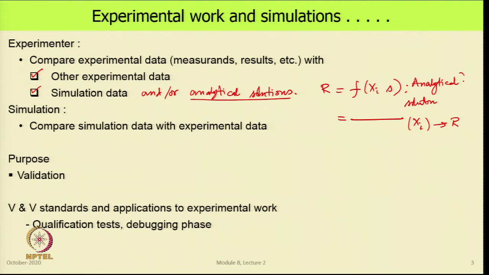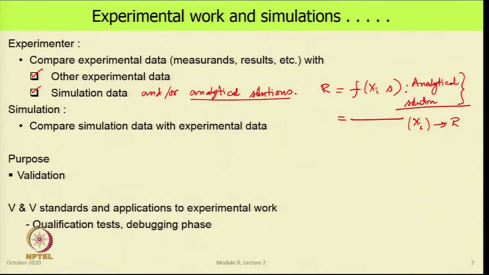Depending on the goodness of this analytical solution, we can then compare the experimental data. It is possible that the analytical solution is for a simplified case of the experimental condition, in which case the analytical solution may or may not match up exactly with the experimental work.